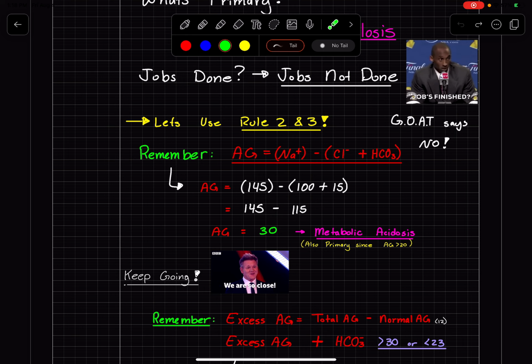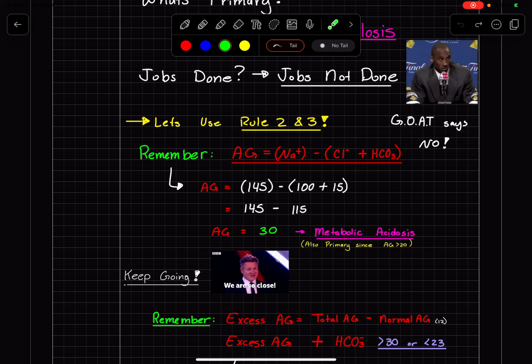You want to find that gap between them. Now, what was a normal anion gap? It's around 12, right? 12 or lower, typically. And abnormal would be more than 12. So for anion gap, we're looking to see if it's going to be more than 12.